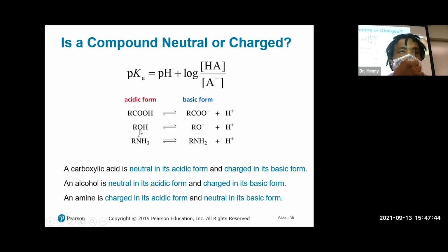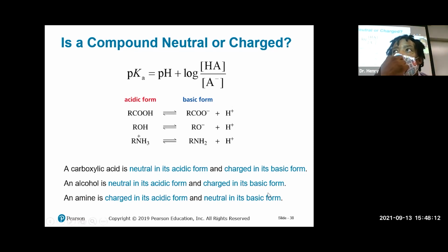Again, you have that hydrogen attached to the oxygen, whereas the amine in its acidic form has an additional H plus, right? You guys get that because the amine alone is a base, so we need it to have that H plus to have the charge.